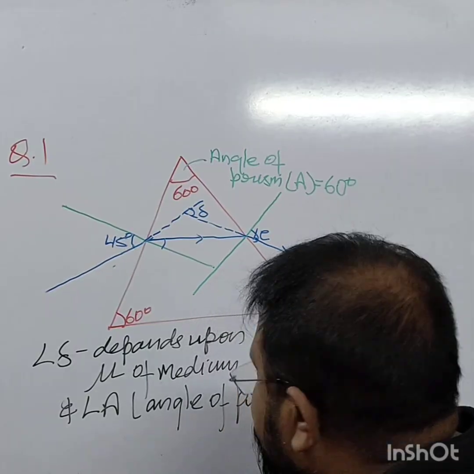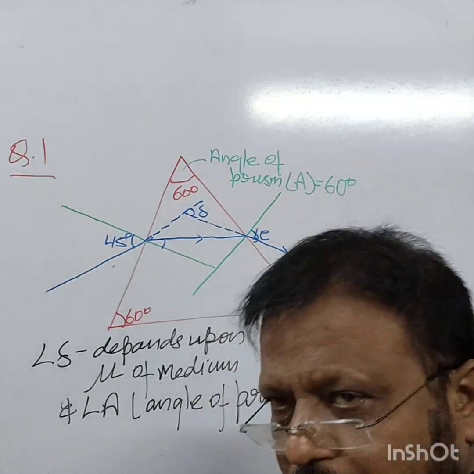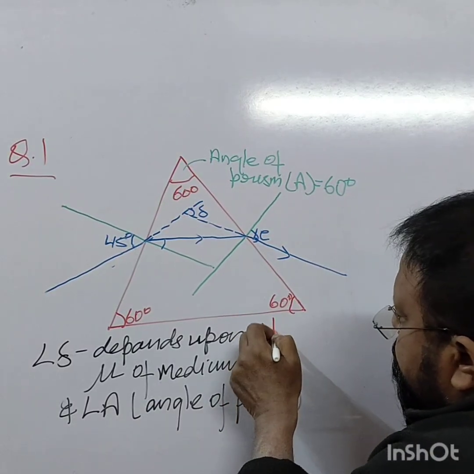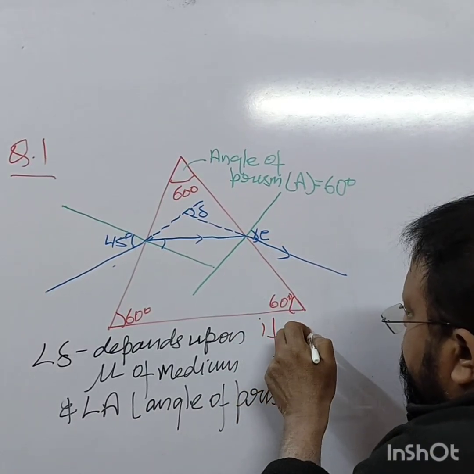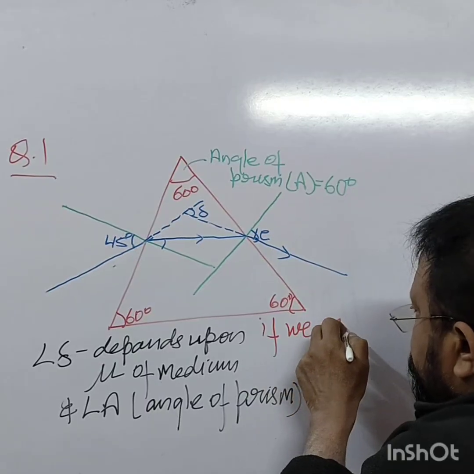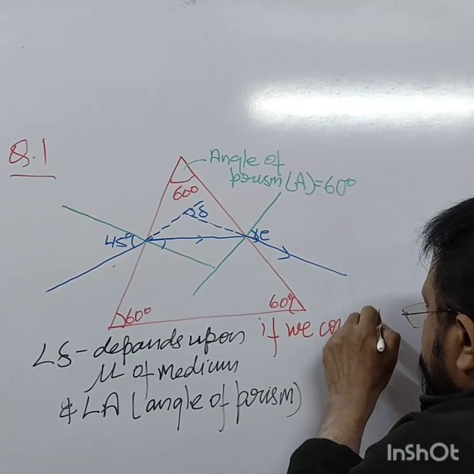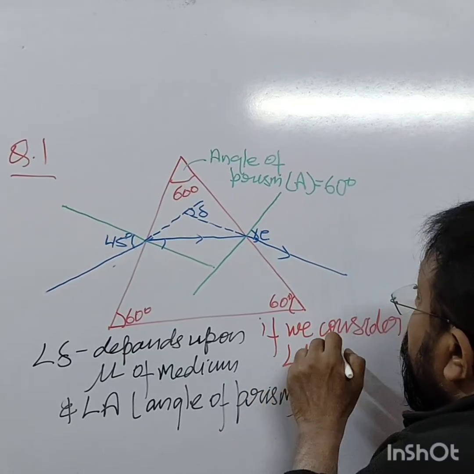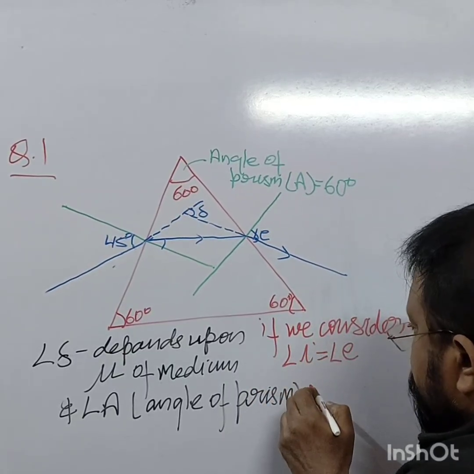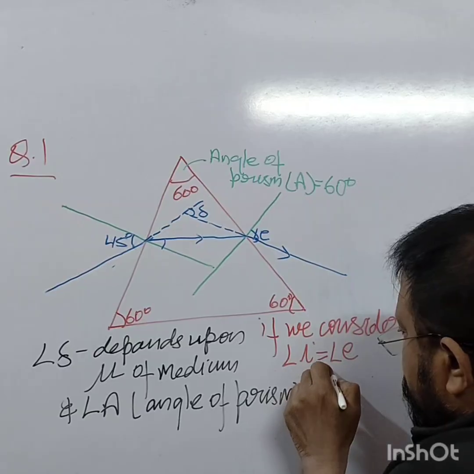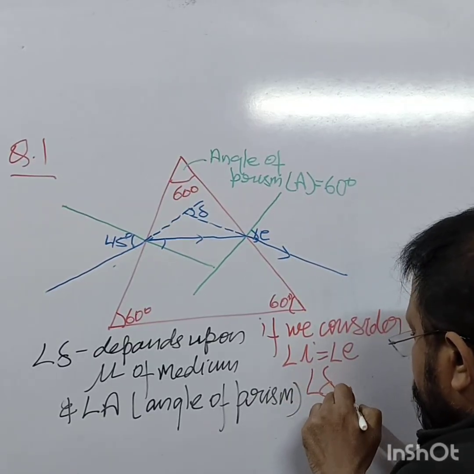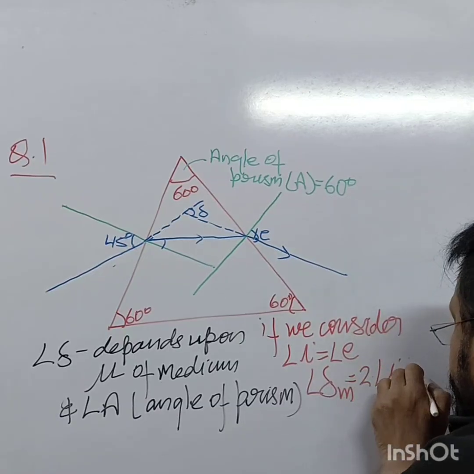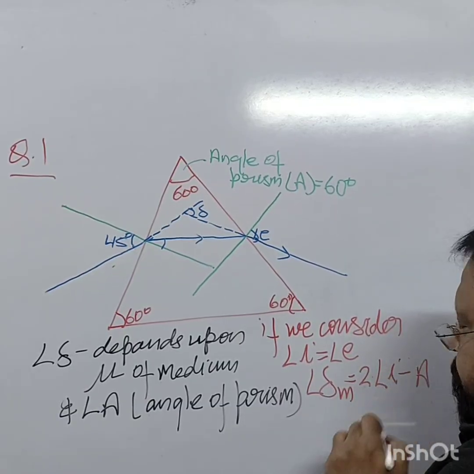अगर ये हम मान लें, if we consider angle of incidence is equal to angle of emergence, so angle of minimum deviation is equal to 2I minus A. Is it?